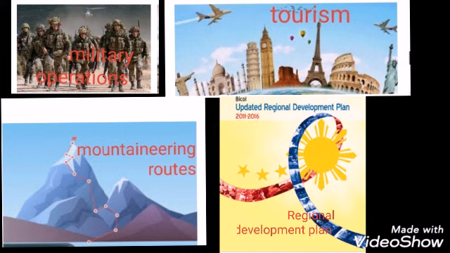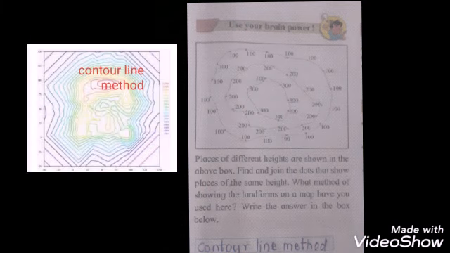Page 41. Use your brain power. Places of different heights are shown in the above box. Find and join the dots that show places of the same height. What method of showing the landforms on a map have you used here? Write the answer in the box below.